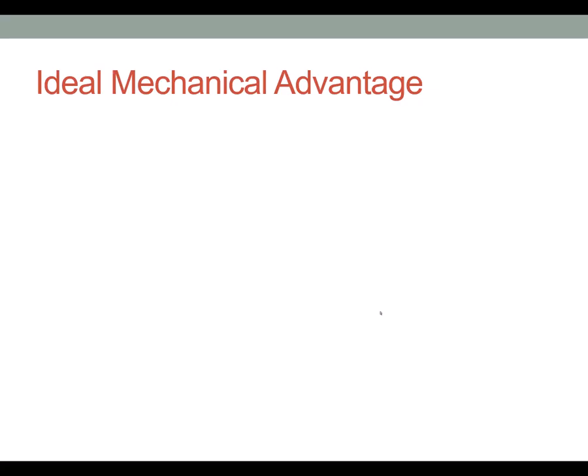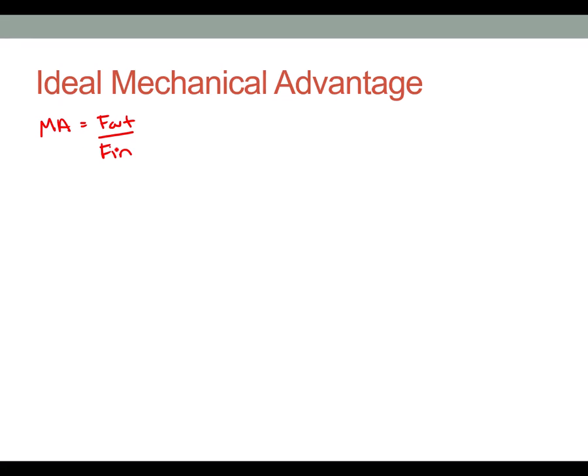Regardless of what sort of system we're looking at, the mechanical advantage, whether it's ideal or actual, is what I'm trying to say here. Mechanical advantage is always equal to how much force am I getting out divided by how much force I'm putting in.